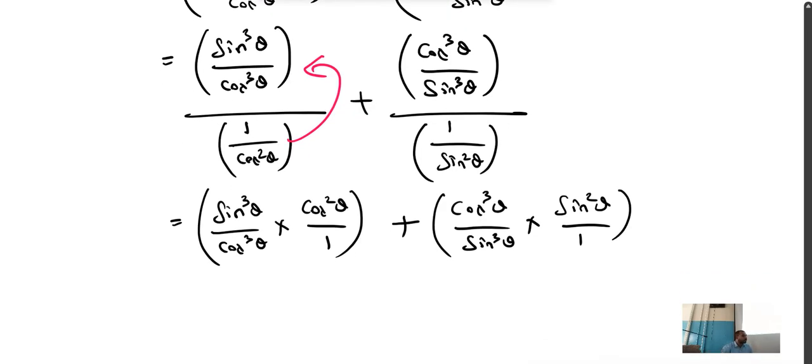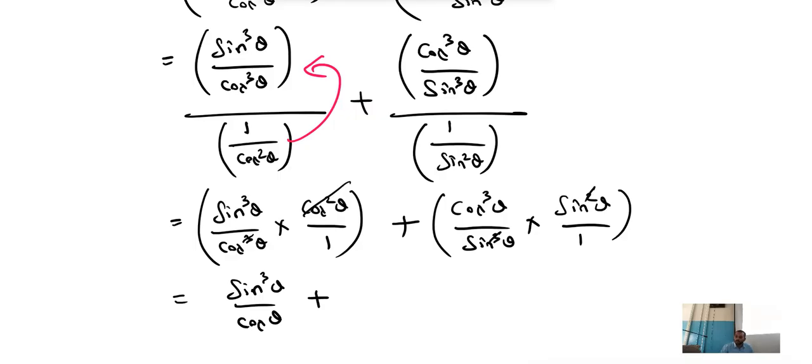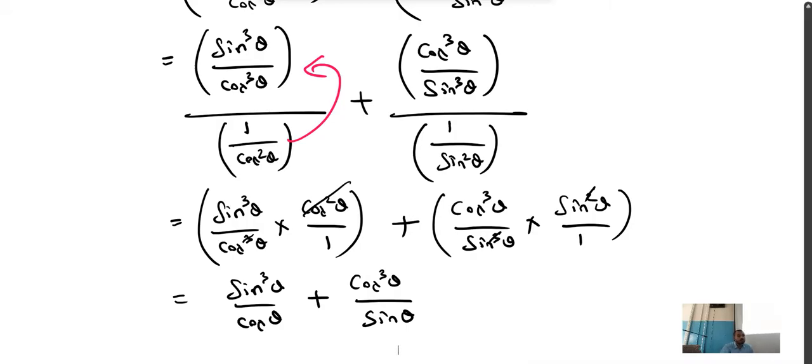Okay. Then what happens? Cos square theta, and from cos cube theta, 2 times cos theta get cancelled. What is left out? Sin cube theta by cos theta, plus sin square, and here 2 times get cancelled. What is left out? Cos cube theta by sin theta. Any doubts?